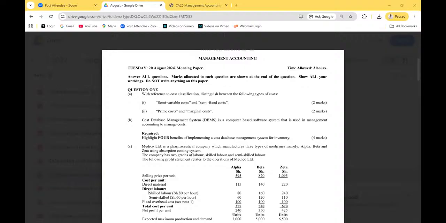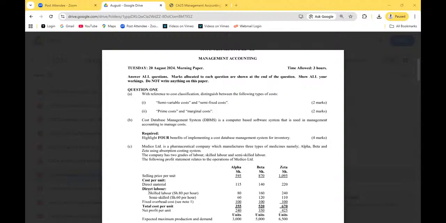Semi-variable as both fixed and variable. The semi-fixed contains components of both fixed and variable. Okay, that's according to our friend there.